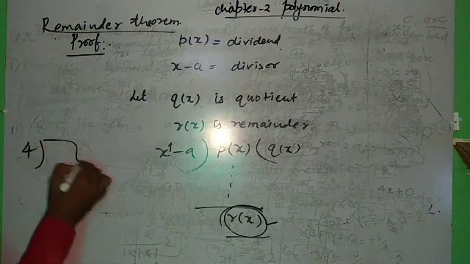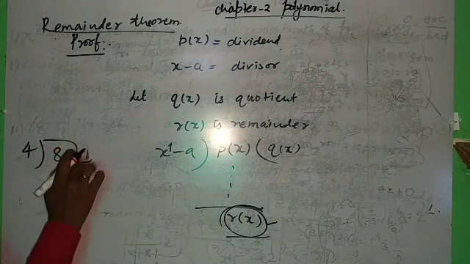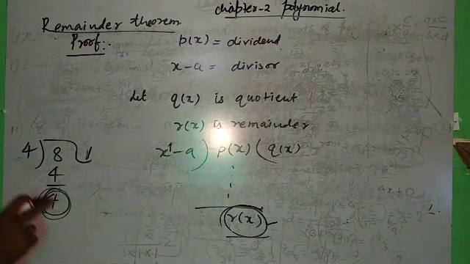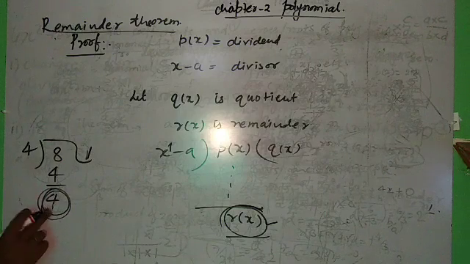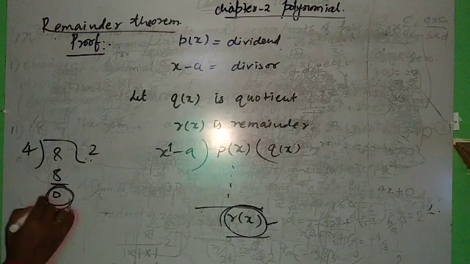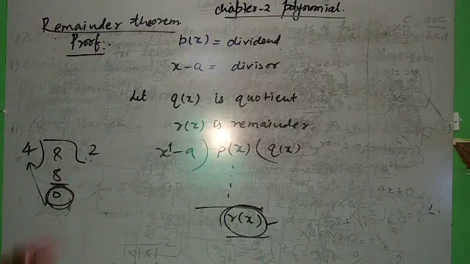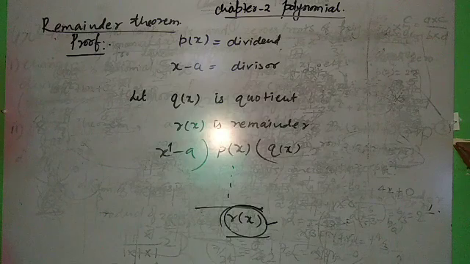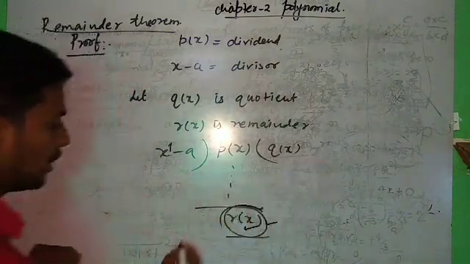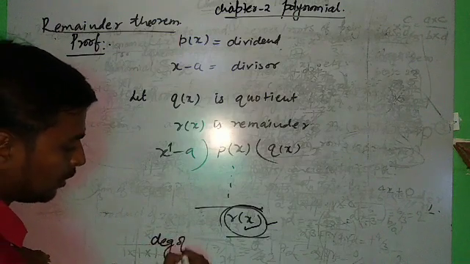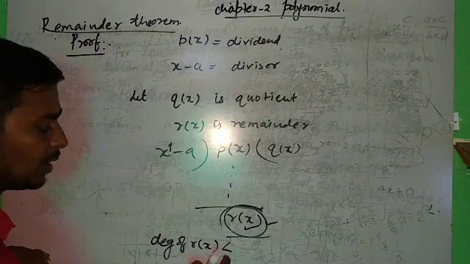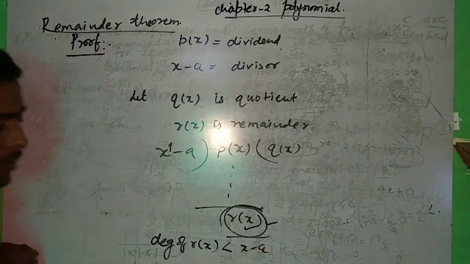Like suppose you are dividing 8: 4 times 1 is 4, and if the remainder came equal to 4, it can be divided once again, so that would be wrong. So we divide 4 times 2 is 8, and the remainder is always less than the divisor. So here also, the degree of r(x) is always strictly less than the degree of x minus a.